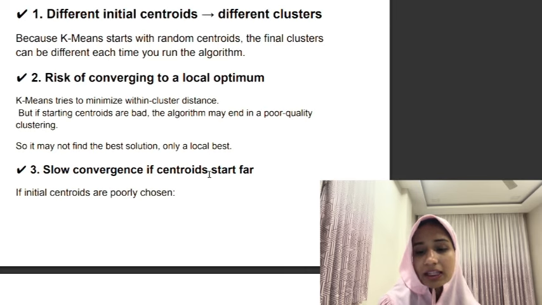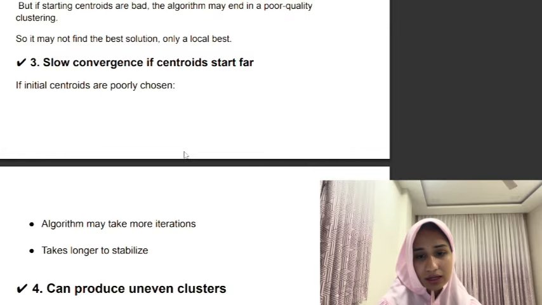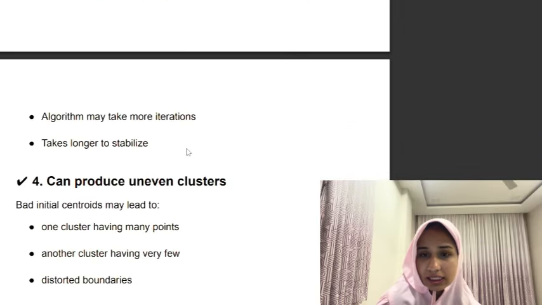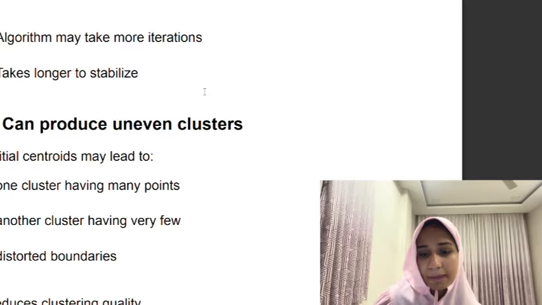So it may not find the best solution, only a local best. Slow convergence if centroids start far. If initial centroids are poorly chosen, the algorithm may take more iterations and take longer to stabilize.